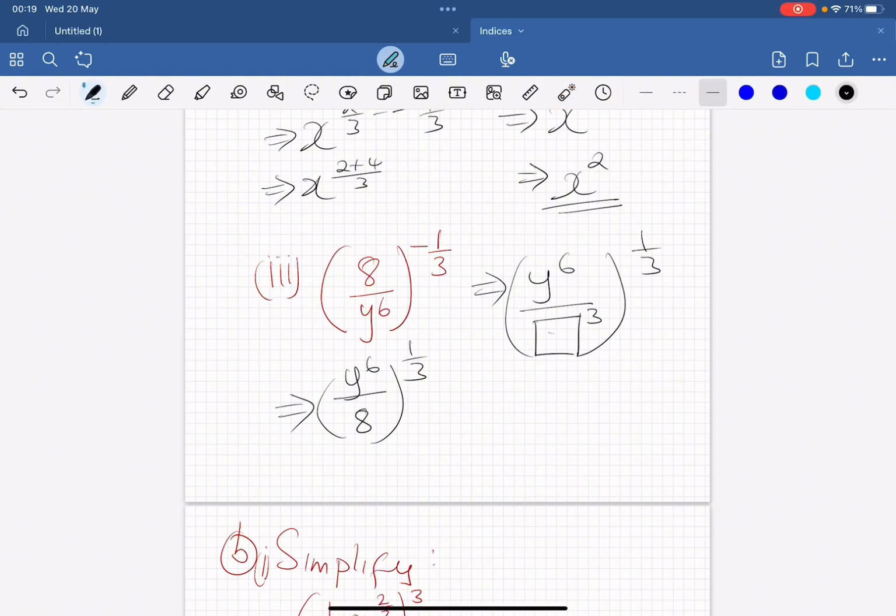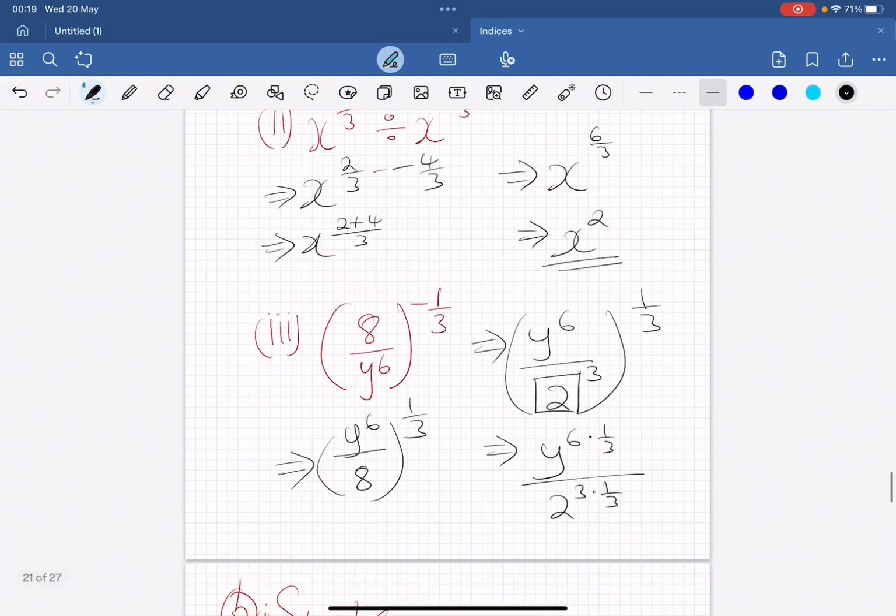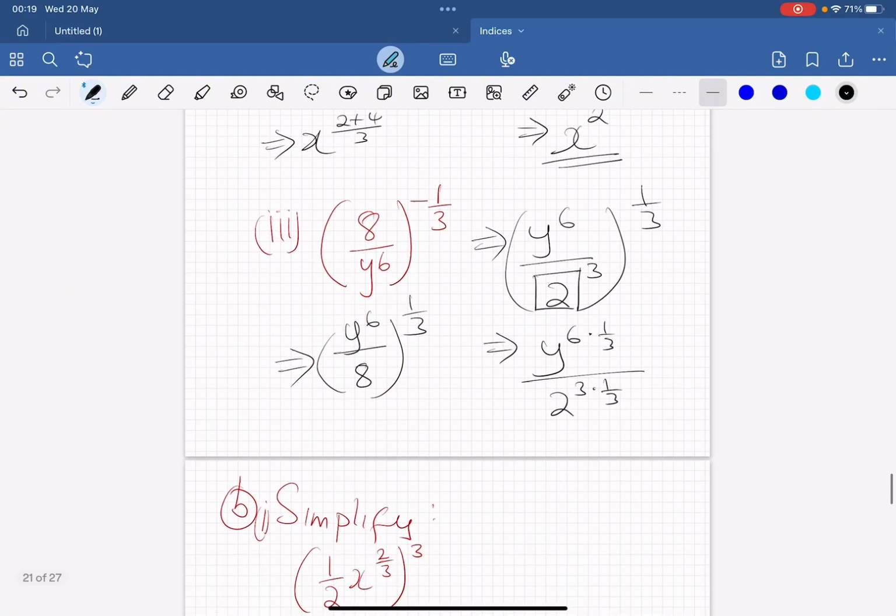Now 8 is 2 to the power 3. Then I'll say y to the power 6, this is by 1 over 3, and then 2 to the power 3, this is by 1 over 3. Basically what I was doing is distributing the power so that it can affect both elements.